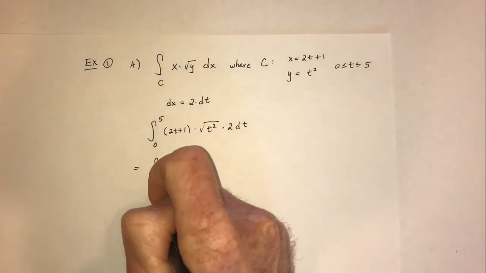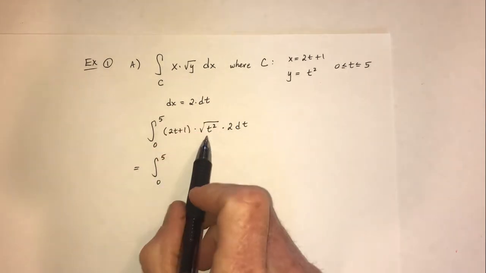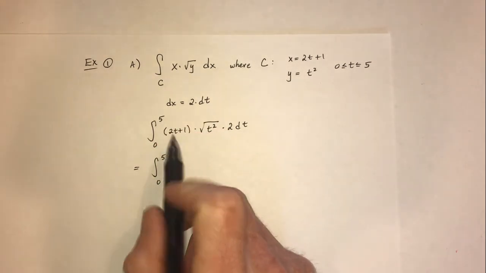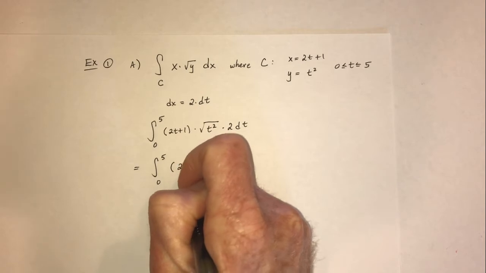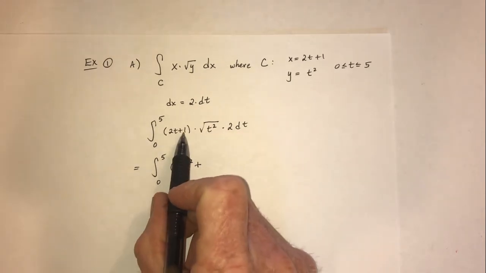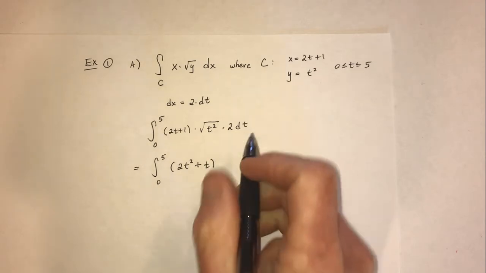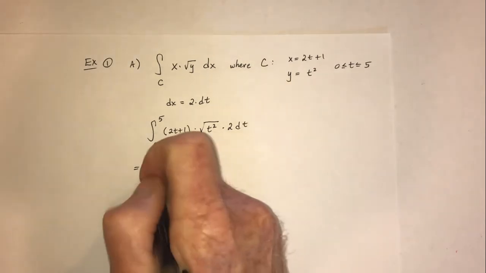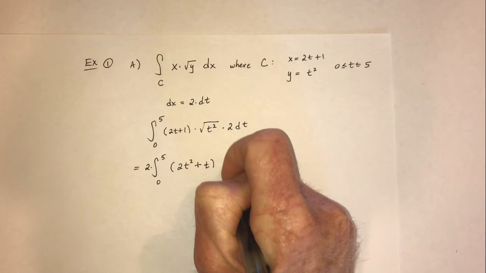So I'm going to do some algebra first. This is just t, so when you distribute it, there's going to be 2t squared, and then this times this will just be t, and this little 2 right here, I could just factor it out.